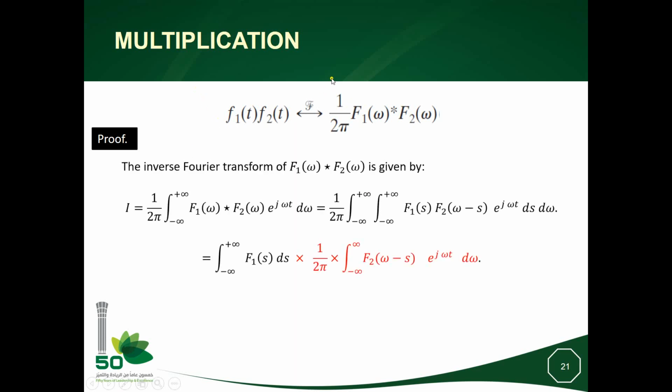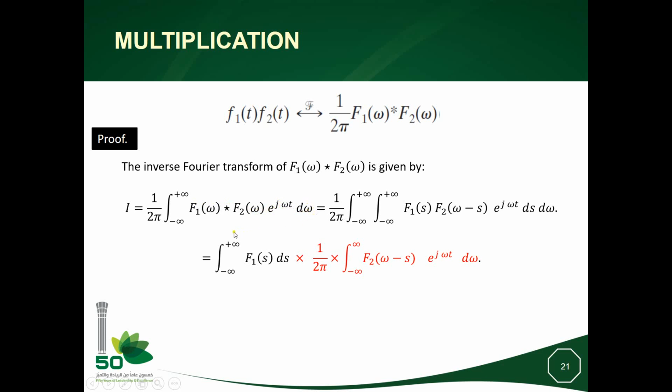So I will focus on the inverse Fourier transform of this convolution product, which is F1 convolution F2. So by definition, I will call it I, equal to 1 over 2 pi integral from minus infinity to plus infinity of the convolution product times exponential j omega t d omega.